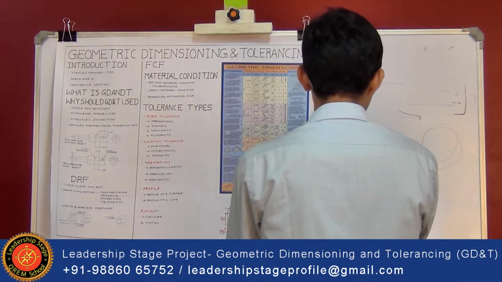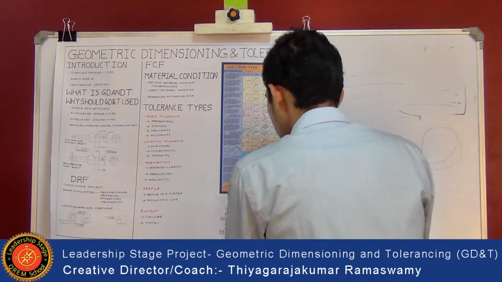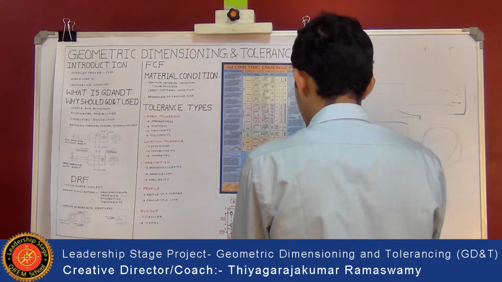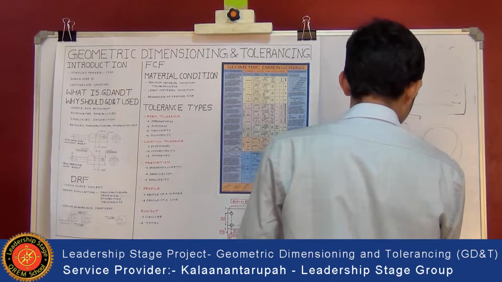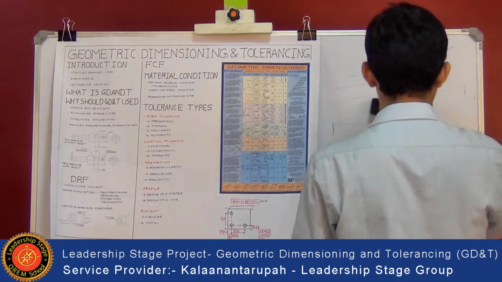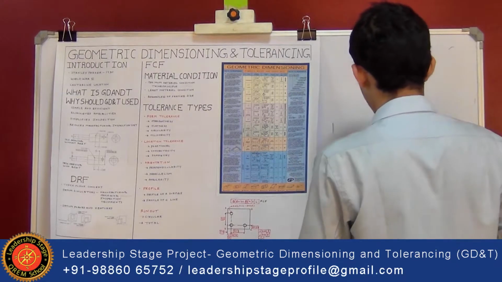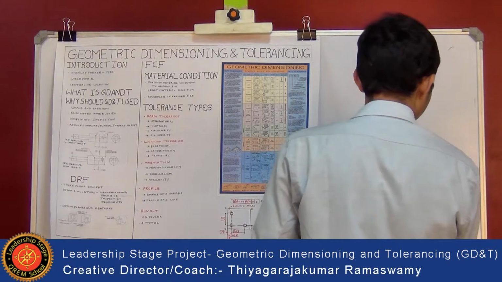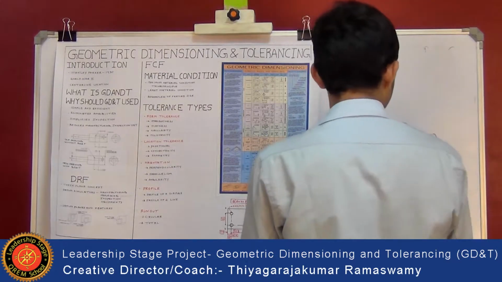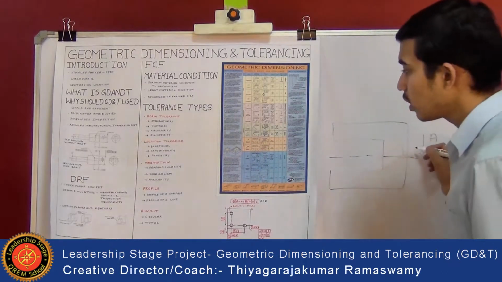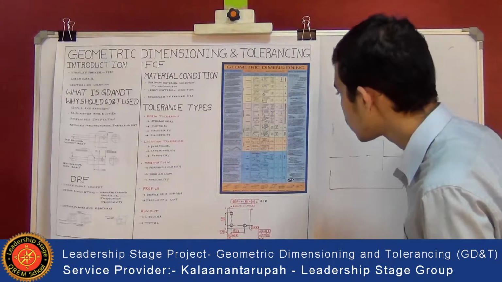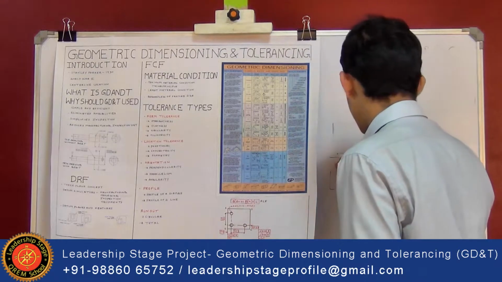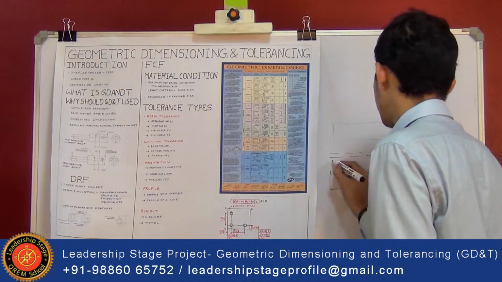This diagram can explain symmetry. Here it's perpendicular to the datum plane A. This surface is perpendicular to datum plane A, and a tolerance is given at this point, that is at the center.